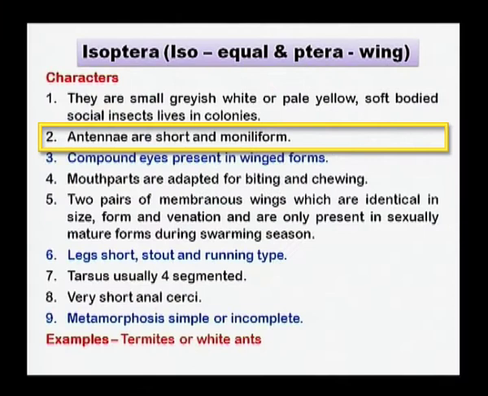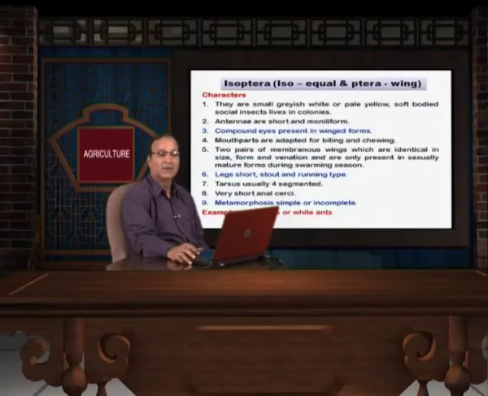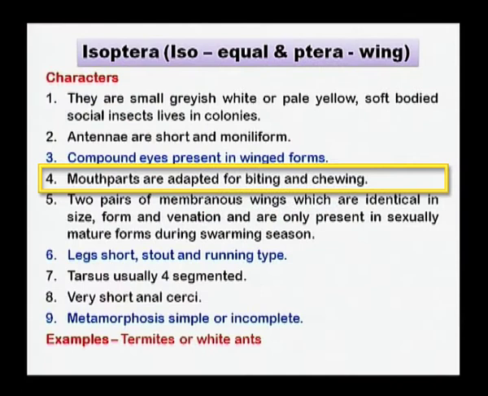Antennae are short and moniliform in nature. Compound eyes are present only in the winged forms. As you know, both winged as well as non-winged insects constitute the order Isoptera. Biting and chewing type of mouth parts are common.